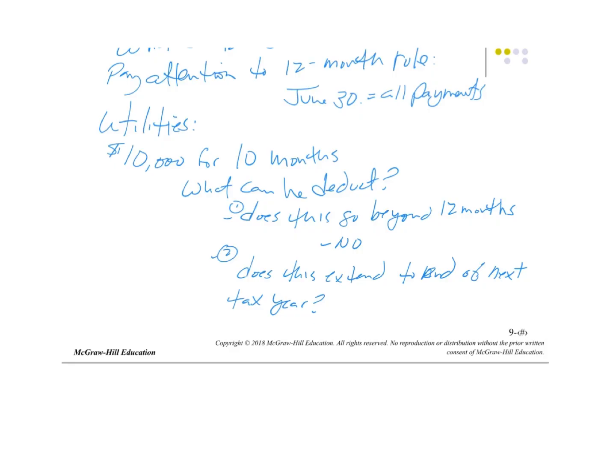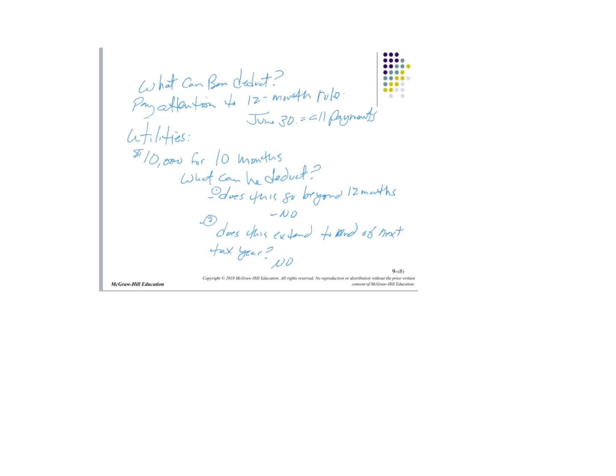Does that extend to the end of next tax year? No. So what can he deduct? For utilities, he can deduct the full $10,000 this tax year.